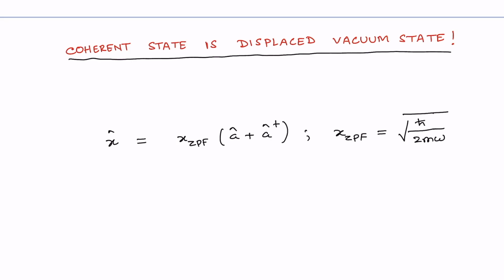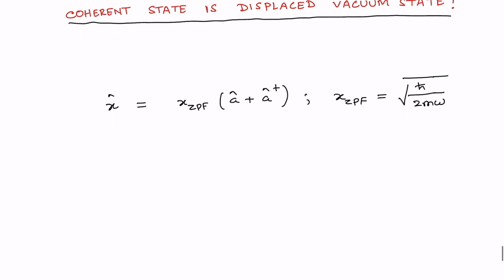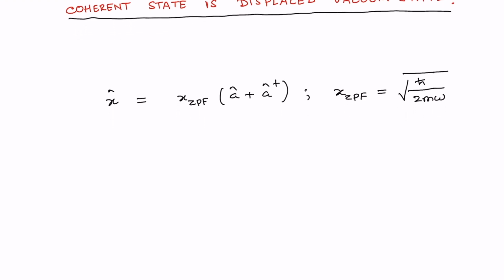If you have studied the quantum mechanics of the harmonic oscillator, then this must be familiar to you, and this is very important to remember also. And the momentum operator is equal to i m omega x zero-point fluctuation times (a dagger minus a).